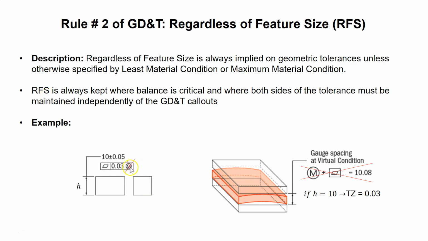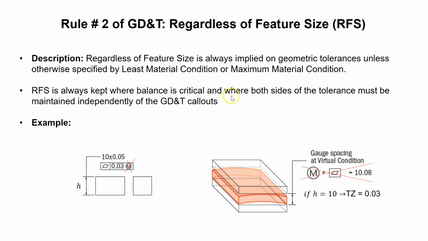What's good about this? Why should or should we not add a modifier? We learned why we should add a modifier, right? Because, for example, we want to have interference fit all the time, or clearance fit all the time, or anything for that matter. But why is it that we should eliminate these modifiers or not use them?